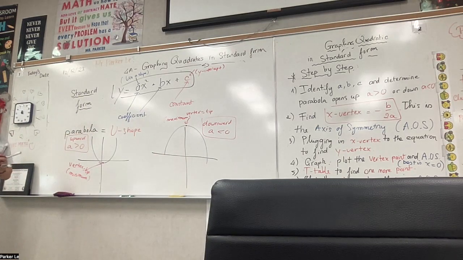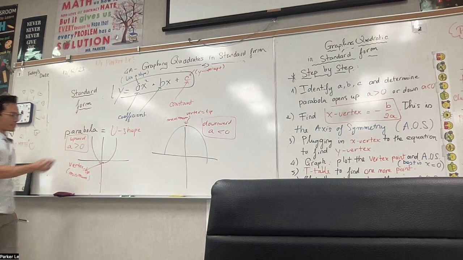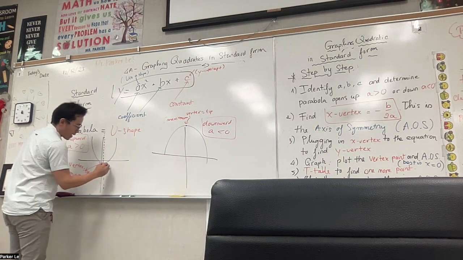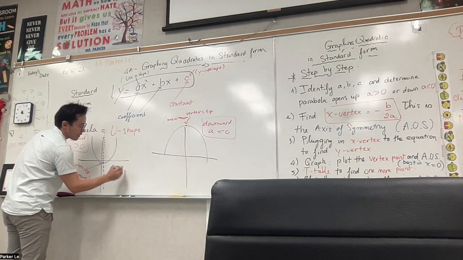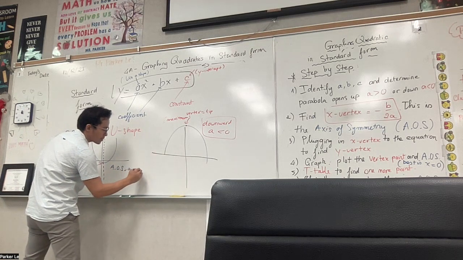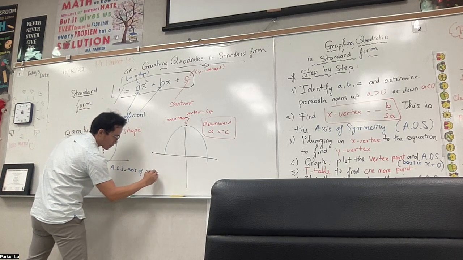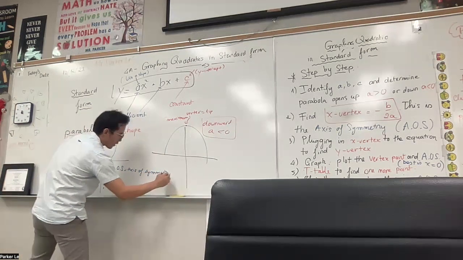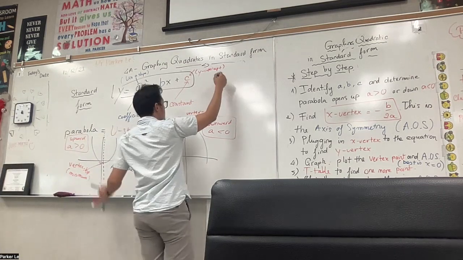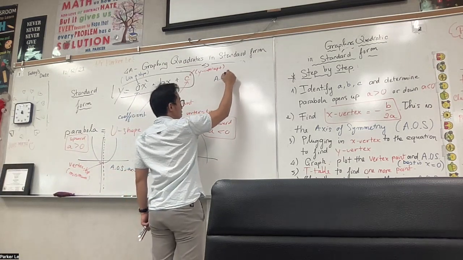All right, the next one I want to tell you, and also that's the last one. The last thing you need to know about quadratics is AOS. AOS stands for axis of symmetry. Let me draw it here so it's easier to see.